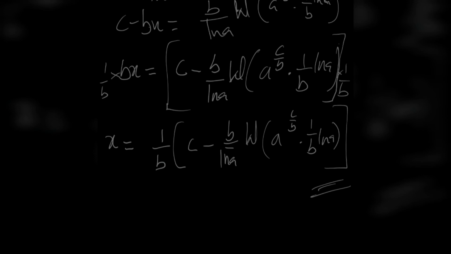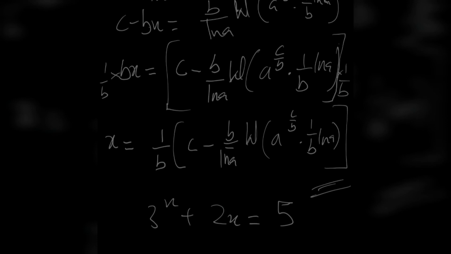If you're able to understand it up to this point, you can solve any equation in this form. Let's say you have 3 power x plus 2x equals 5. Looking at this equation, you can just say that x is equal to 1 because 3 raised to the power 1 is 3, plus 2 times 1 is 2, and 2 plus 3 is 5.